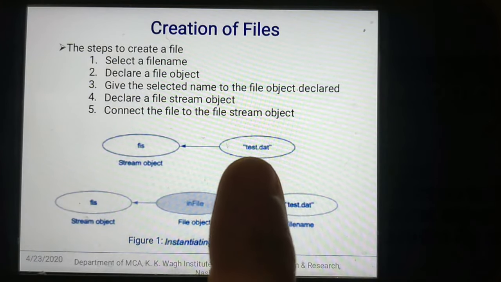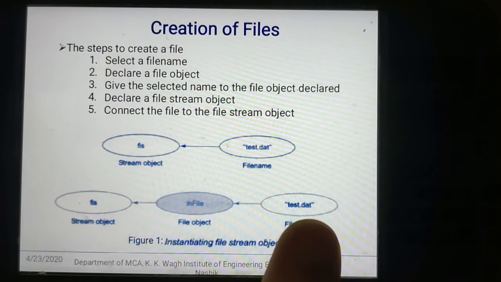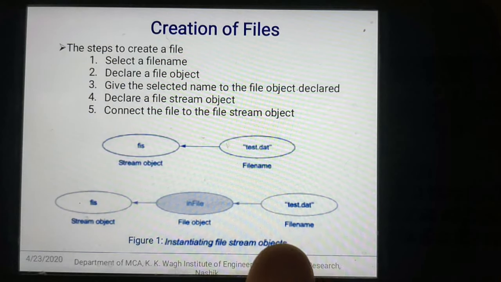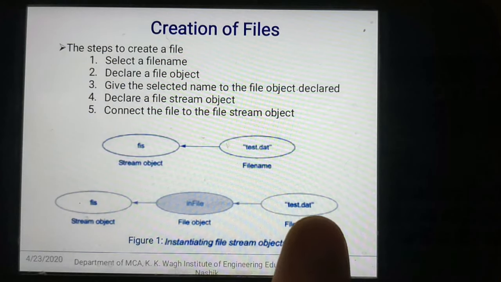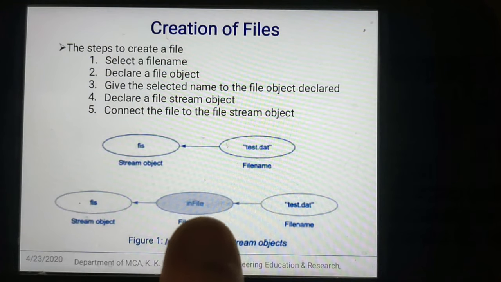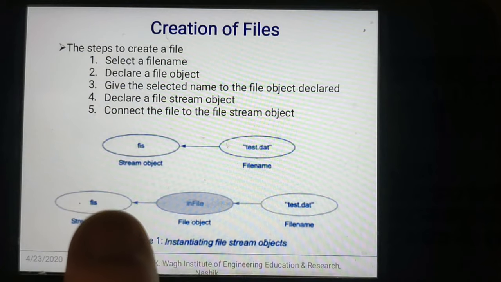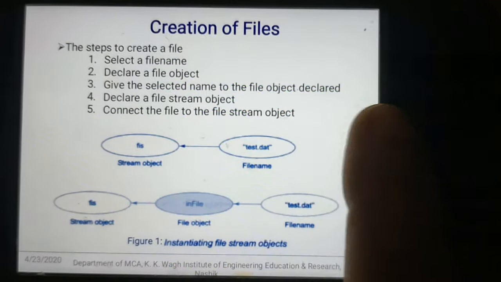If you want, you can give it, or you may not initialize it. Second, you have to declare the file object. Once you declare the file object, then you have to give the selected name to that file object which you have declared. Then you have to declare the file stream object, and lastly you have to connect the file stream object, that is FIS, with the file.